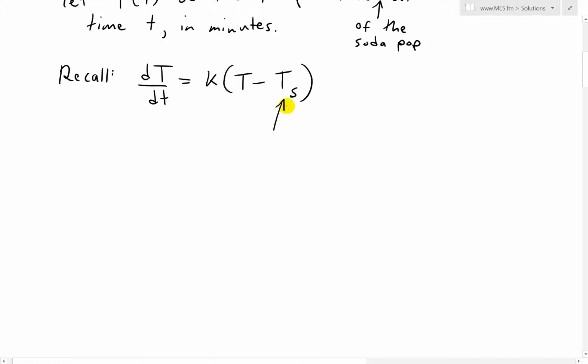T sub s is the surrounding temperature, and in our case, this is the fridge.